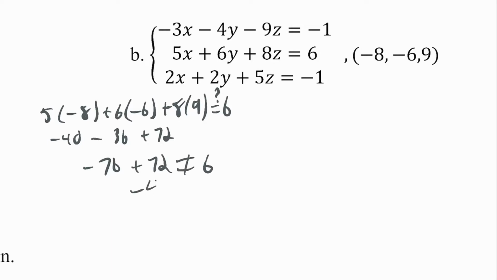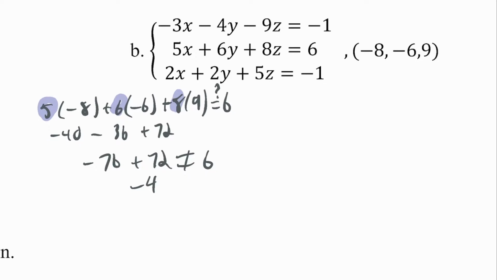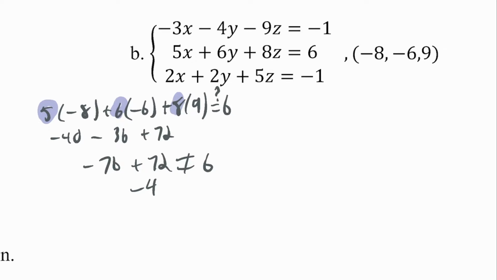Let me double check that I didn't make any mistakes. I have 5, 6, 8, and I put in negative 8, negative 6, and 9. 5 times negative 8 is negative 40. 6 times negative 6 is negative 36. 8 times 9 is 72. Add these up, I get negative 4. So yeah, I guessed well, I suppose. So not a solution.